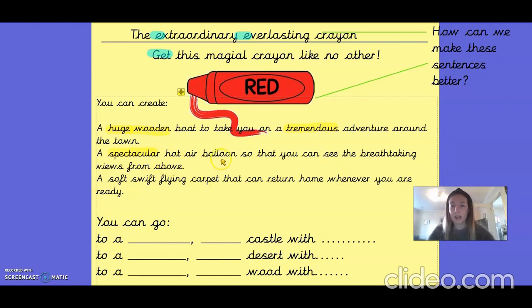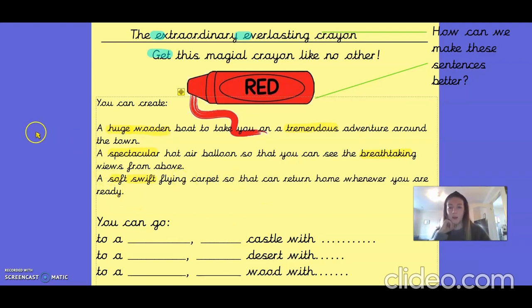A spectacular hot air balloon so that you can see the breathtaking views from above. And a soft, swift, oh, silly Mr. Vine, I can't highlight my words on here. And a soft, swift flying carpet so that you can return home whenever you are ready.